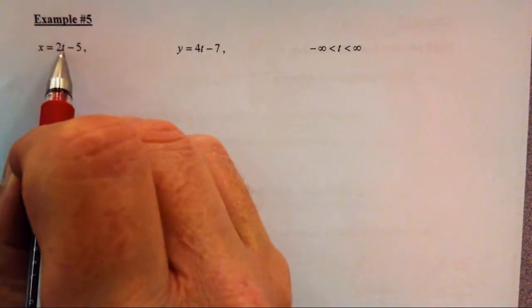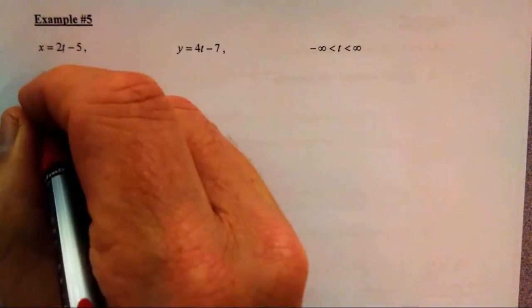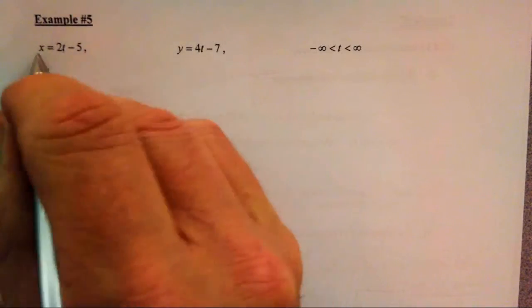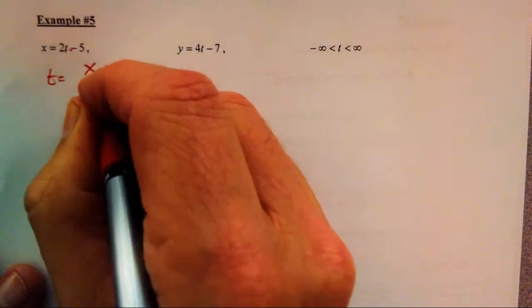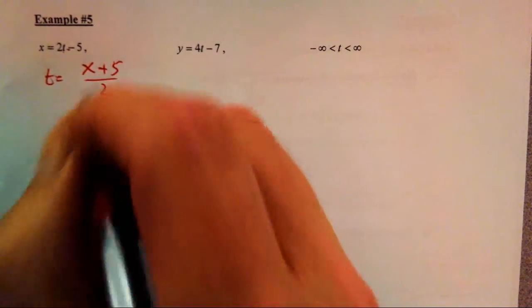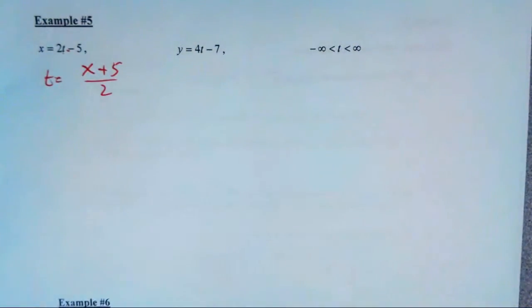For instance, if I solve this for t, I get t equals x, add 5 across, and divide by 2. We live in XY land. We don't live in XYT land. Our past is ensconced in XY.